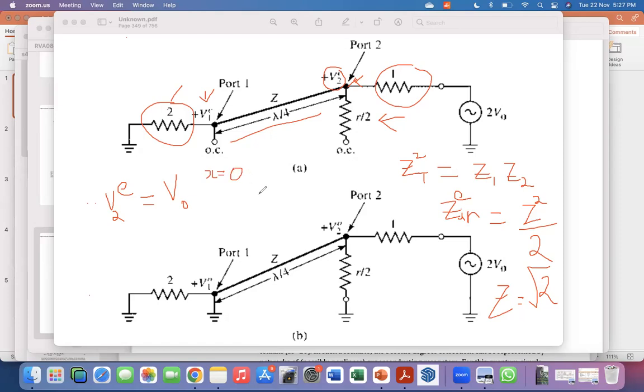And use the transmission line equation that V of x is equal to V plus, I'll tell you what V plus is in just a second, e to the minus j beta x.